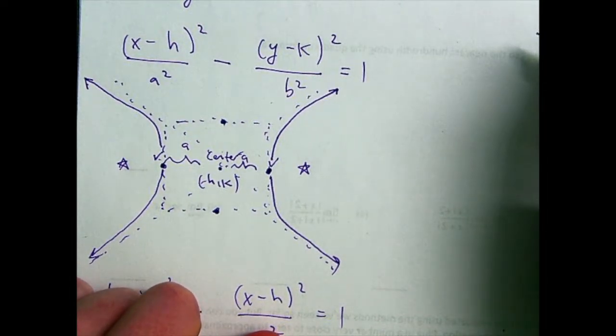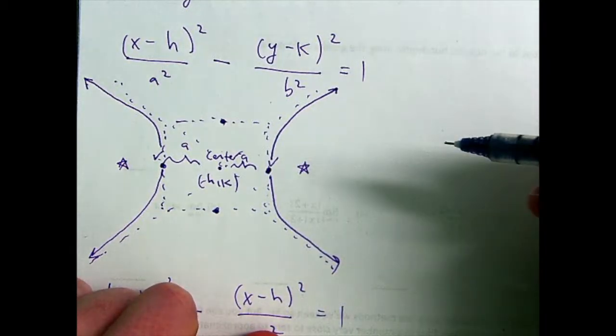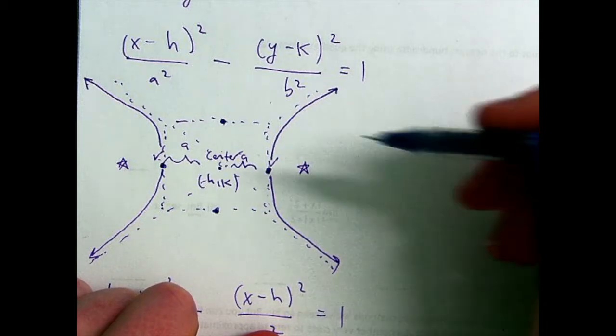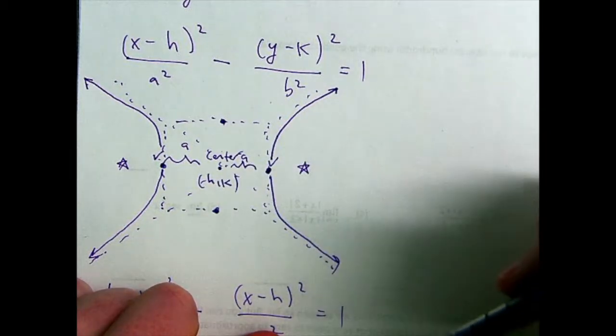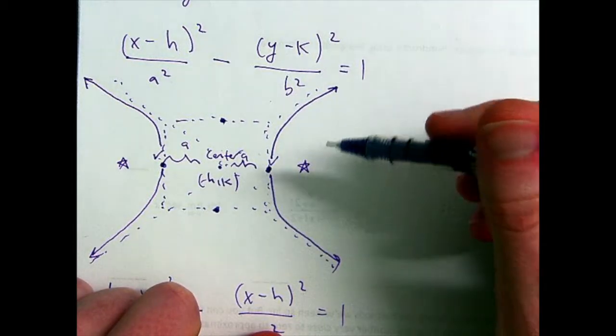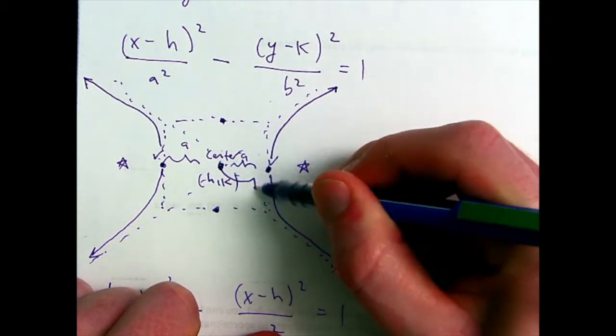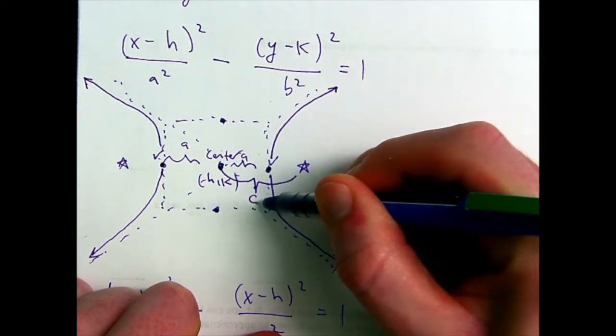In the case of the ellipse, we had this extra value called c, which gave you the distance between the center and the foci. That is true here as well. We have this distance c, which determines the distance from the center. So the distance from here all the way to there, that is c.